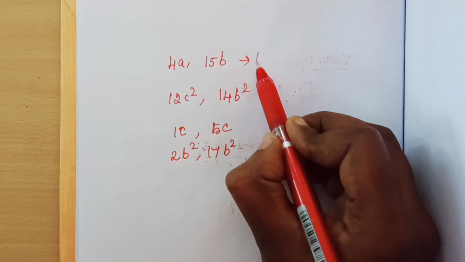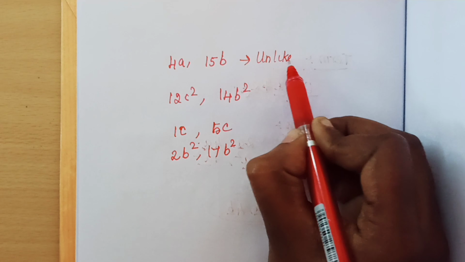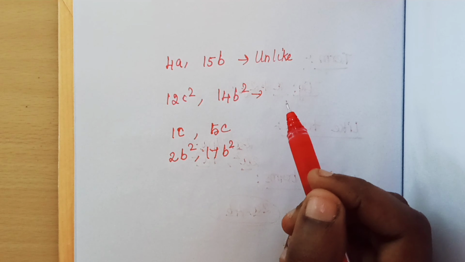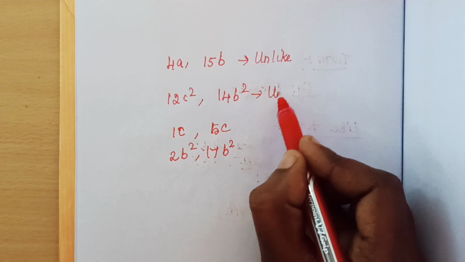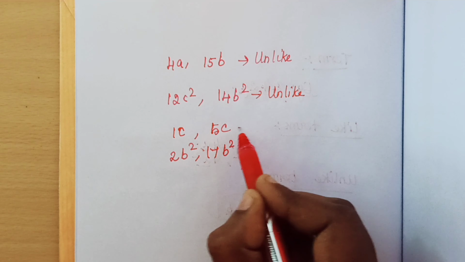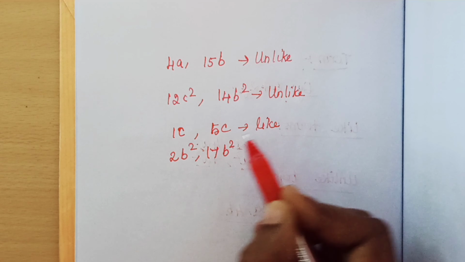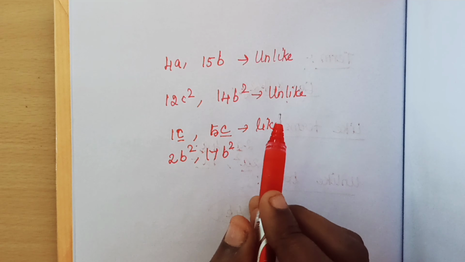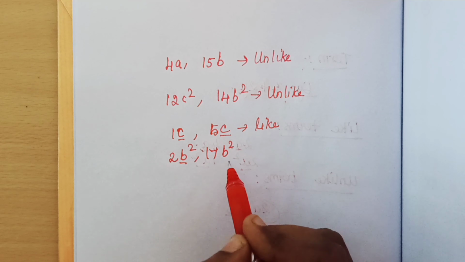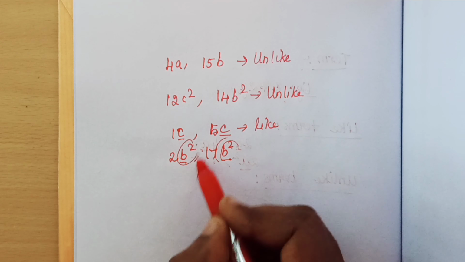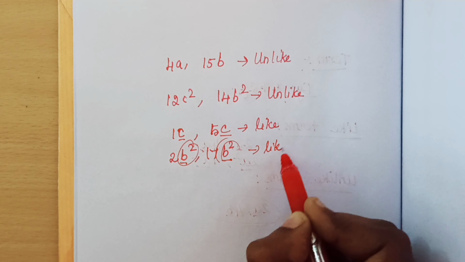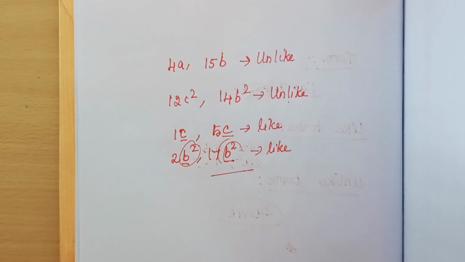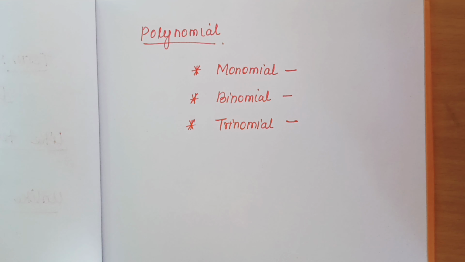So it is an unlike term. Very good. So is this unlike or like? Unlike. Here this is a like term. Why is it a like term? Since you have the same variable. Clear? So don't consider the numbers. Same variables, so it is a like term. Clear? Now like terms and unlike terms are clear.